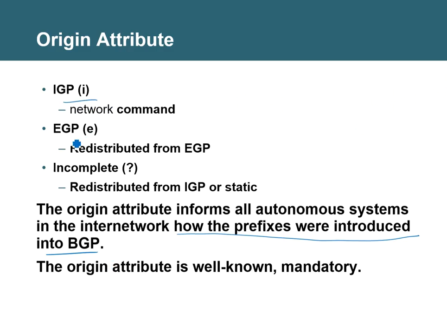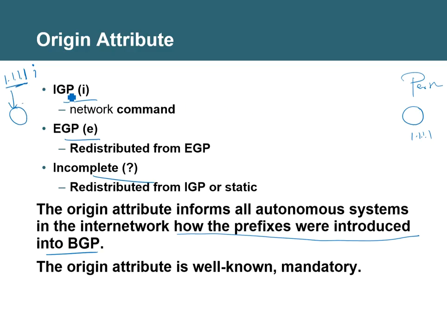This attribute will always be sent. For example, in Perth someone advertises a network, and in Chicago you will be able to say that this is not redistributed, this is advertised. How?